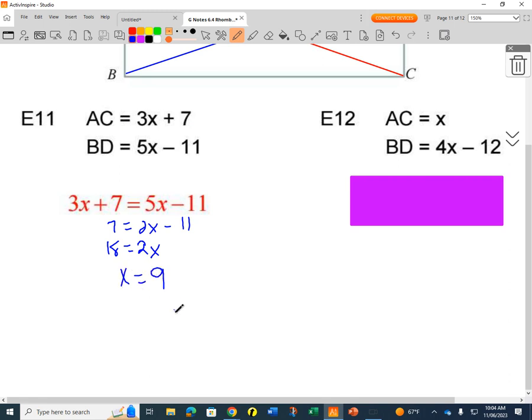So that was the first part that they asked me to do. They asked me to find the value of x. Now they want to know what is the length of the diagonals. So we can plug into either 3x plus 7 or 5x minus 11. I know that AC equals BD, and they both equal 3 times 9 plus 7. So they equal 34.